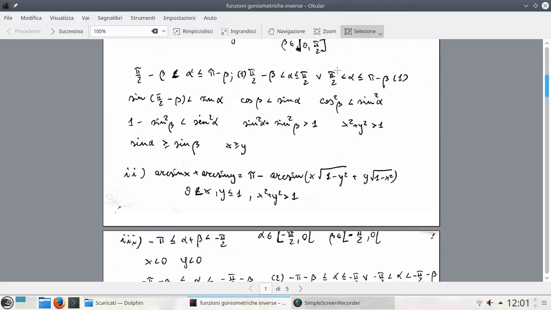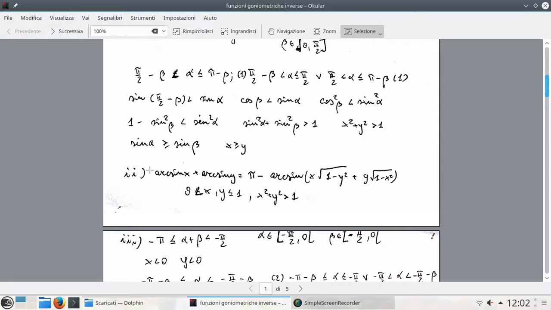Okay, the double I relation. We have arcsine of x plus arcsine of y equals pi minus arcsine of x times square root of 1 minus y squared plus y times square root of 1 minus x squared, where 0 less than x not greater than y, and x squared plus y squared is greater than 1.